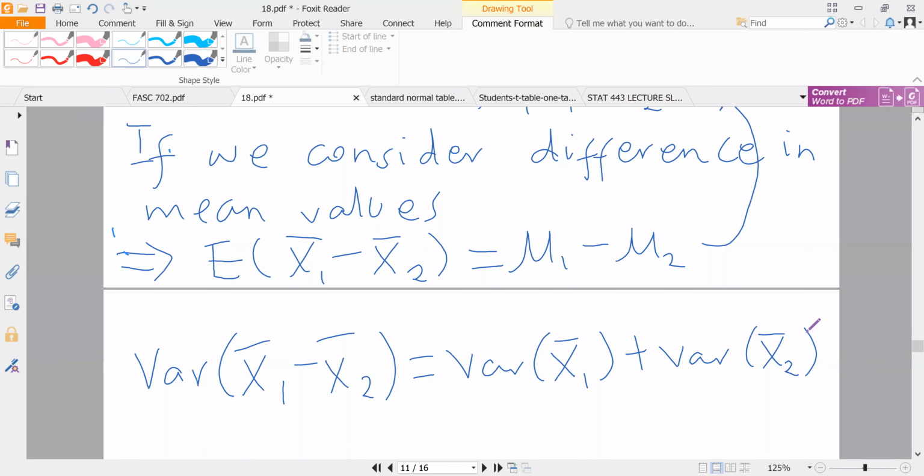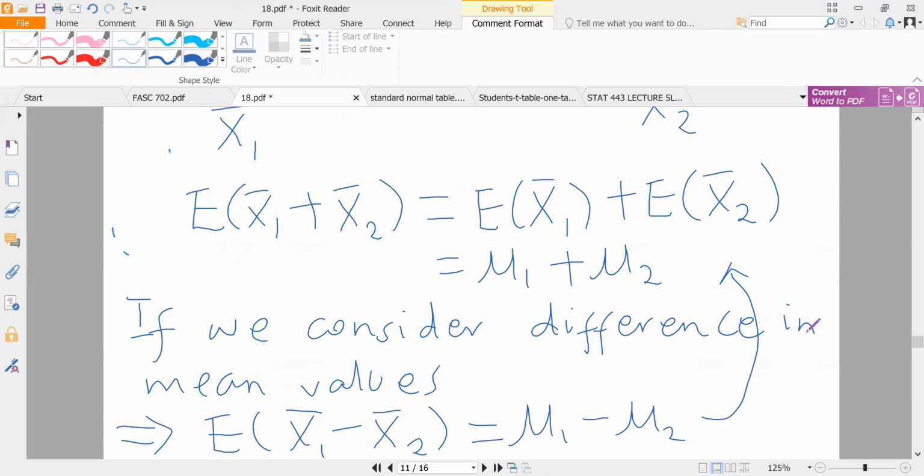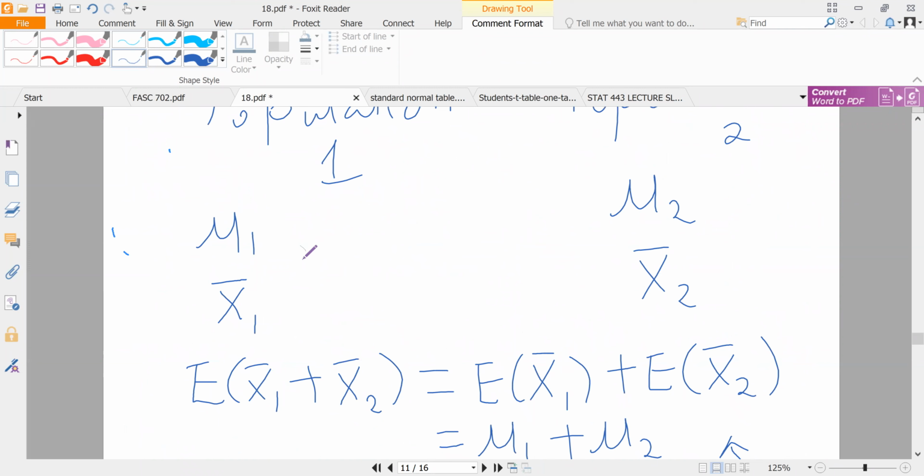In this case, we know that the variance of x bar 1, because this is population 1, had a mean mu1 and variance sigma squared 1. Population 2 had mean mu2, variance sigma squared 2.